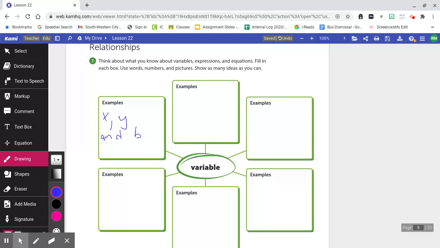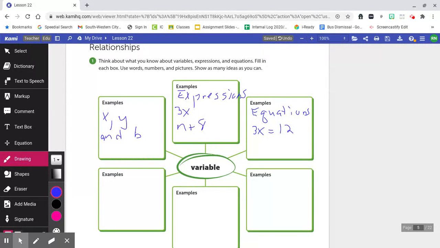You could also have expressions. You can copy this down. Expressions such as 3x is an expression with a variable, or n plus 8 is an expression. You can have equations with variables. For example, you could have 3x is equal to 12.